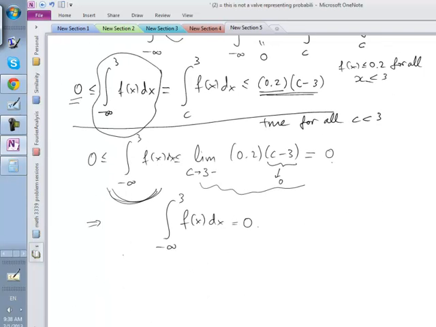This explains exactly this calculation that I've done here qualitatively. Quantitatively, formally, this is the right calculation.